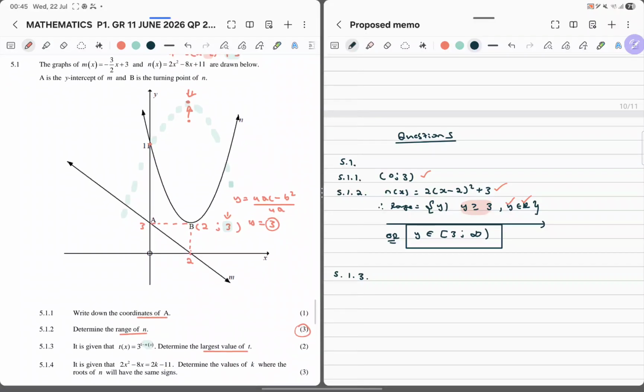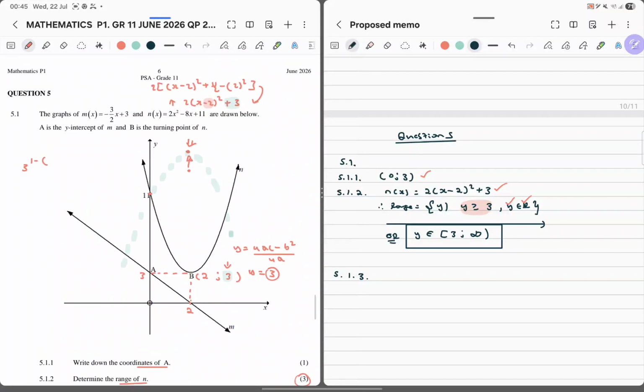So let's check, how do we deal with this business? We're going to have 3 to the 1 minus n is this expression. So this is going to be 2x squared minus 8x plus 11.